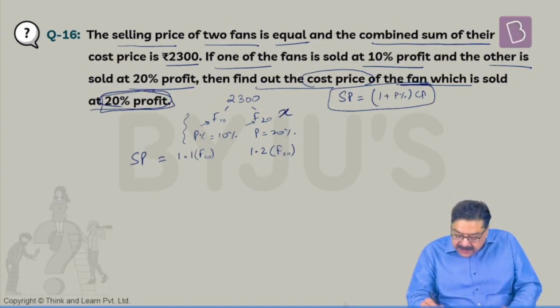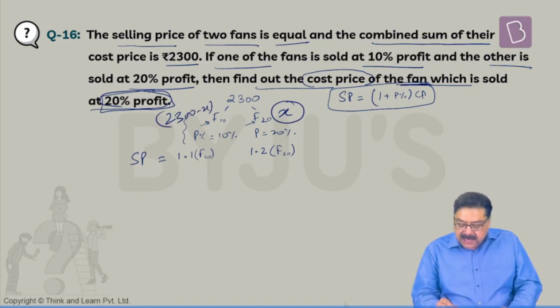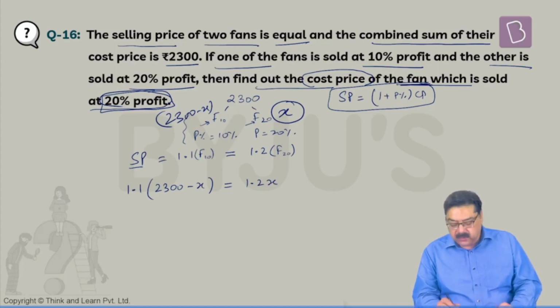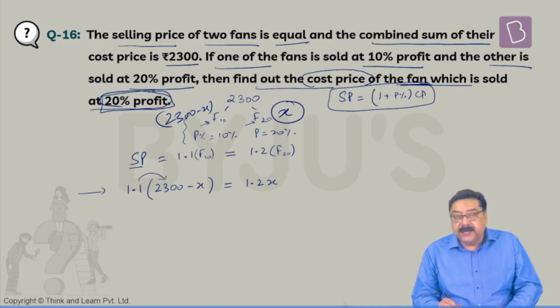So let this be X and this becomes 2300 minus X, and as selling price is same for both, we will get 1.1 times (2300 minus X) equals 1.2 times X. So you get your equation here. You just need to resolve this. So 1.1 into 2300, in 2300 you add 230.